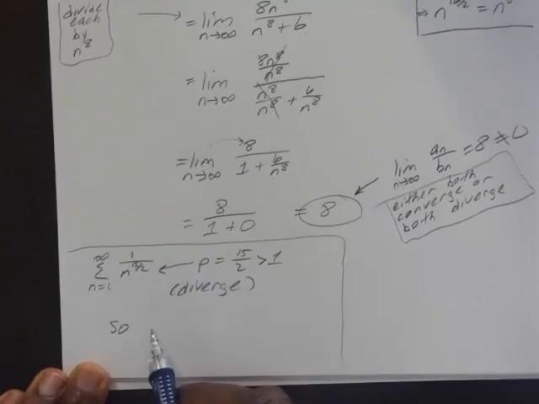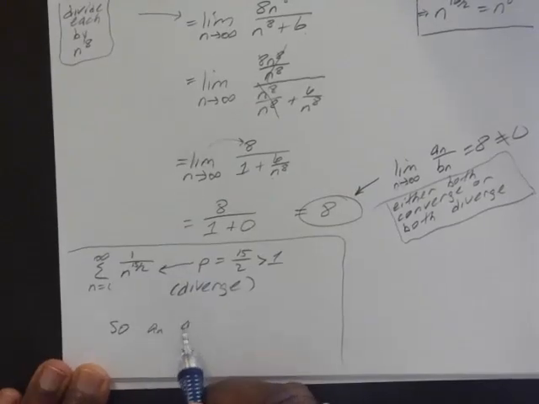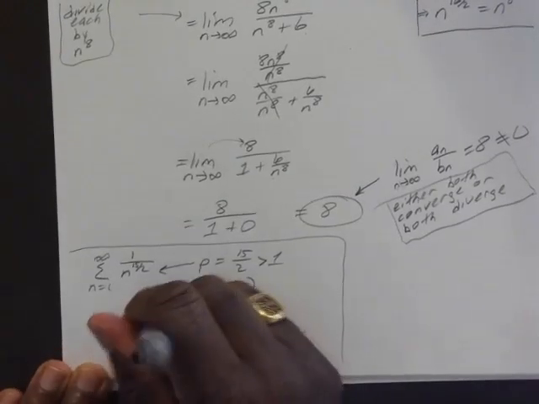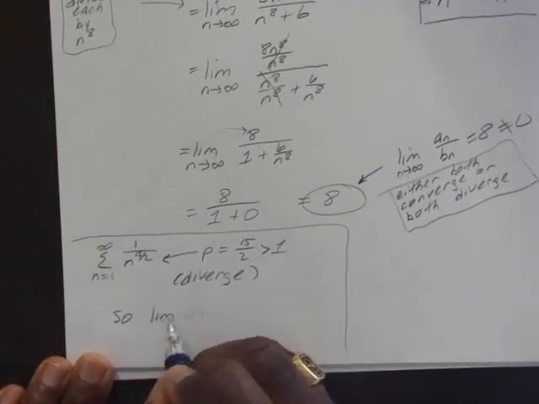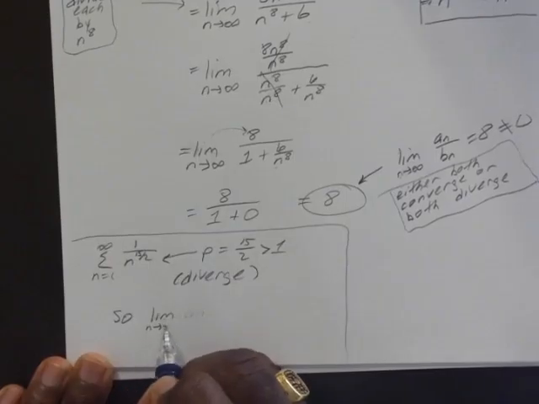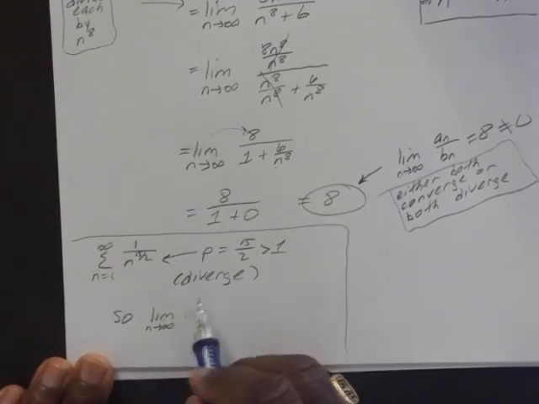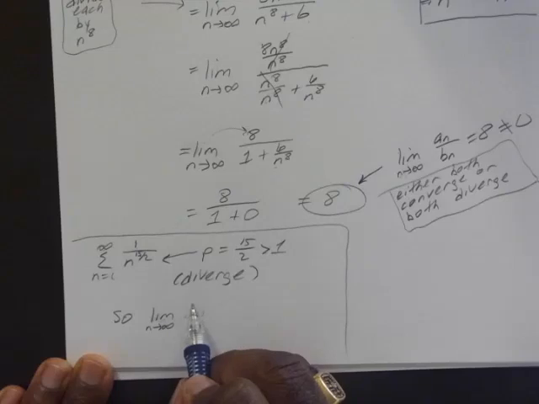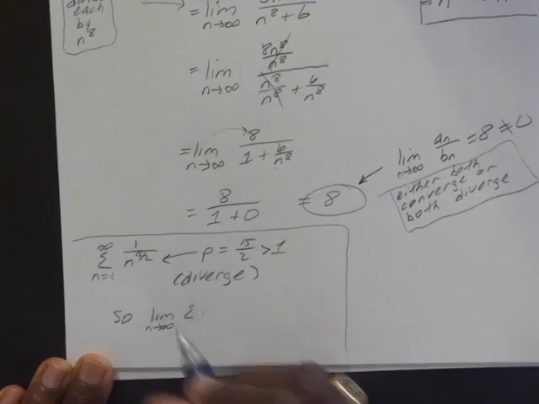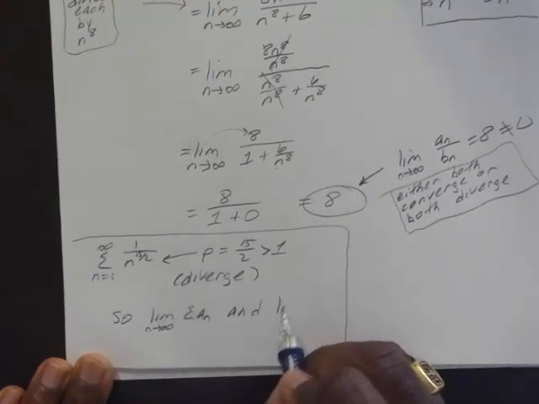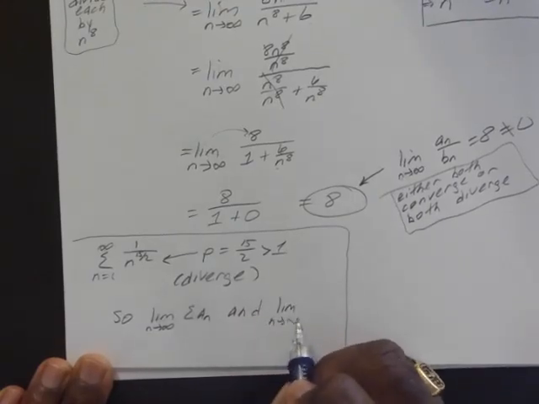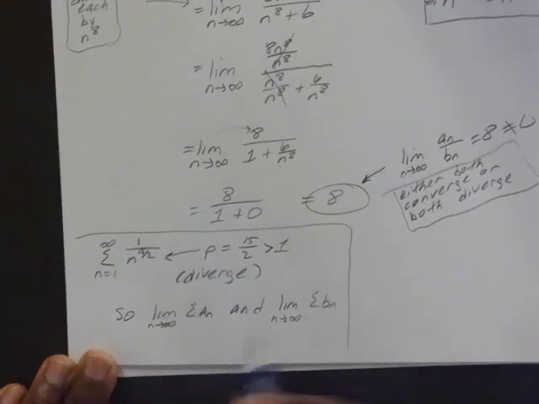So we know that a sub n and b sub n both diverge.